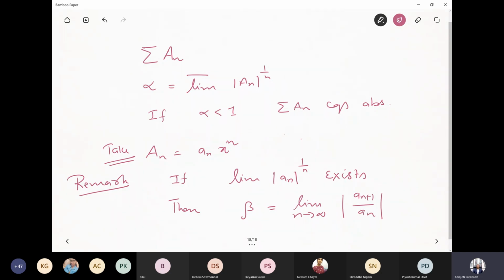This is normally called the ratio test. But for that, the limit here should exist. If the limit exists, then only these two things are equal. Otherwise, they are not.